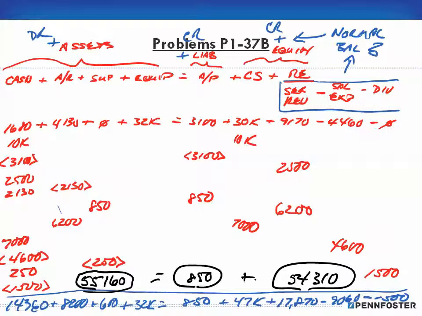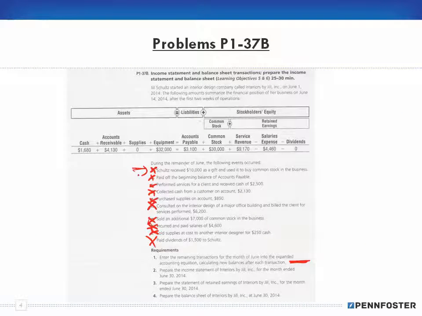So if I add the 54,310 plus 850, that should be 55,160. So my assets equal my liabilities plus my equity. It behooves you to actually do this, even though it's not in your solution, to double check your numbers when you're creating your financial statements, which is what we're going to move on to next.